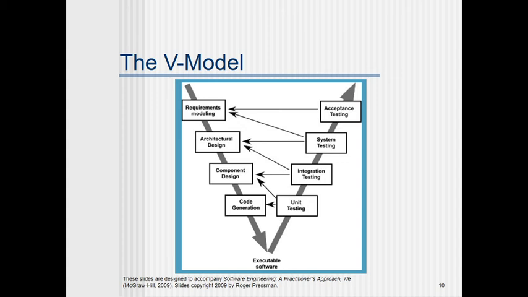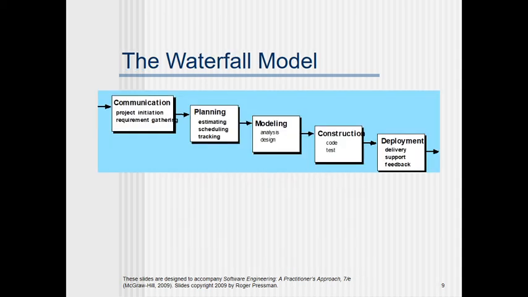If we conclude on the waterfall and V model, real projects rarely follow this sequential manner, so they somehow accommodate iteration between communication, planning, modeling, construction, and deployment. We need to know each requirement explicitly first, and then we will start the project.